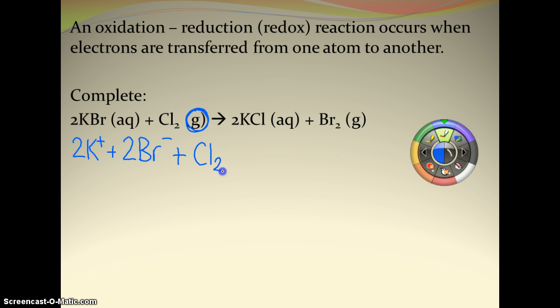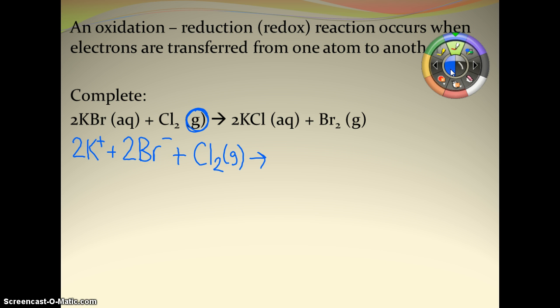touch it, so Cl2 gas yields, our potassium chloride is aqueous, so we can go ahead and separate that into our 2 potassium plus our 2 chloride plus, now bromine again is a gas, so we're not going to touch it, so Br2 as a gas. Go through and cancel out the things that are the same on both sides.